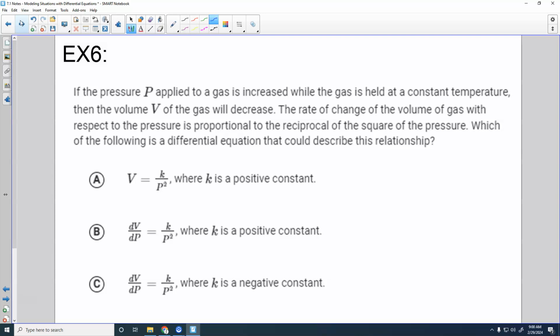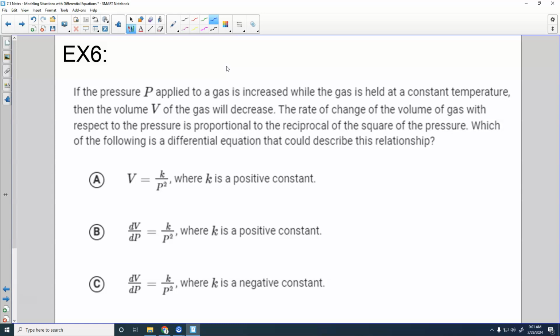If you have a balloon and the temperature stays the same and you squish it, the pressure inside is increasing until it increases too much and then it pops. The rate of change of the volume of gas with respect to the pressure is proportional to the reciprocal of the square of the pressure. Which of the following is a differential equation that could describe this relationship?